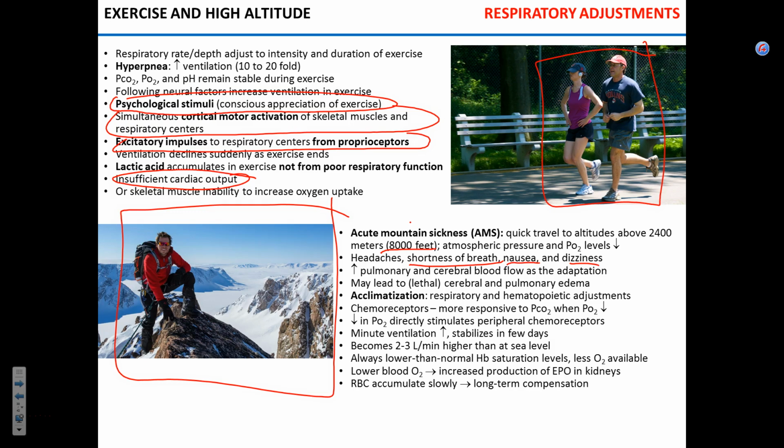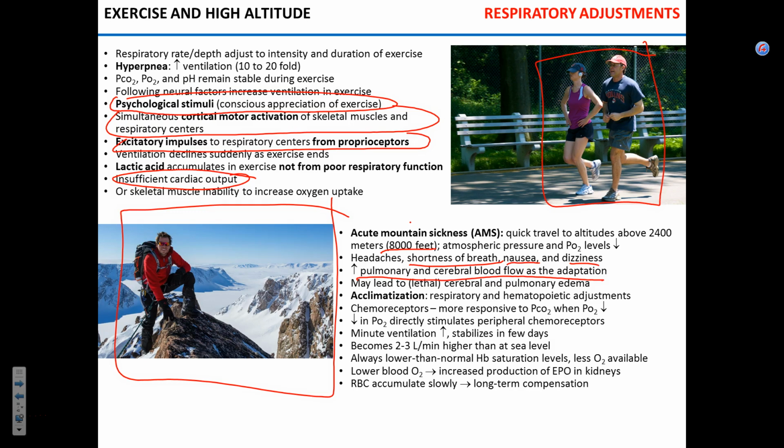Now, what kind of adaptations? Elevated blood flow to the brain, first of all, because the brain cannot survive without oxygen, so you have higher blood flow. Now, the problem is, if you do it abruptly, like you go from Ohio to the last base camp on the way to Everest, yeah, you're going to die.